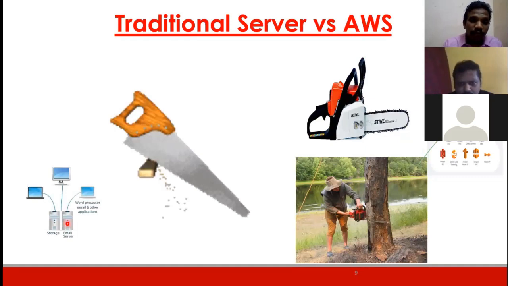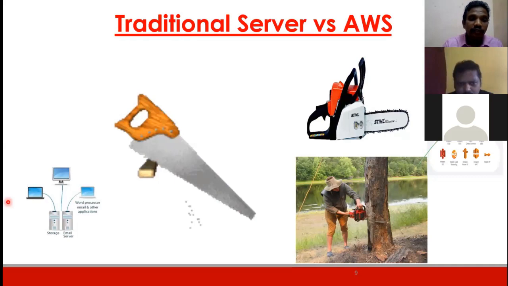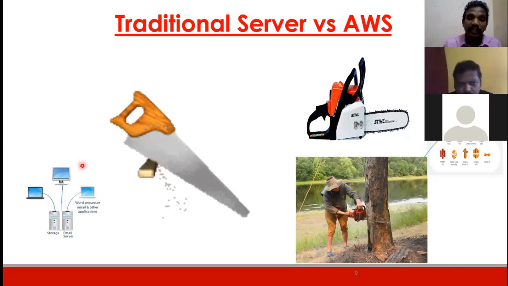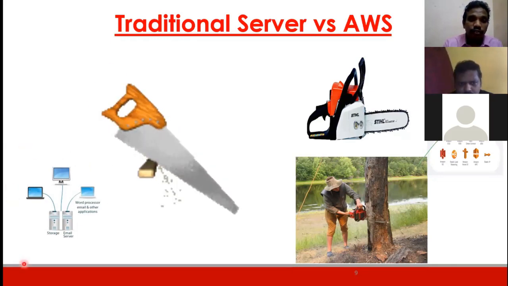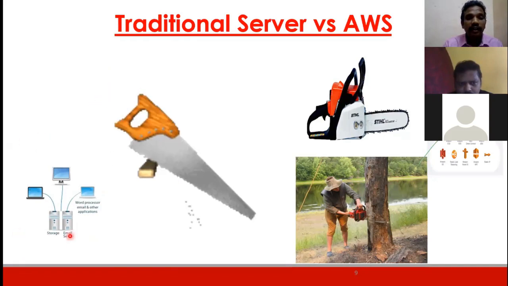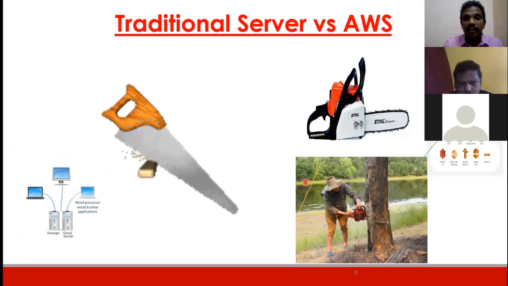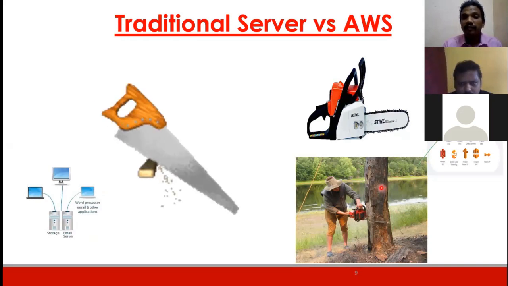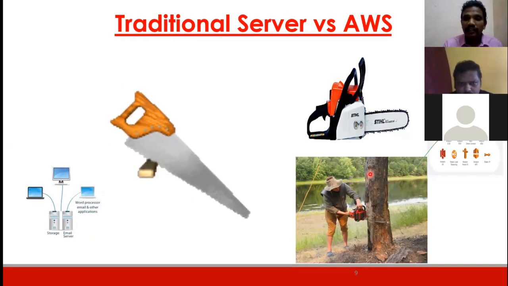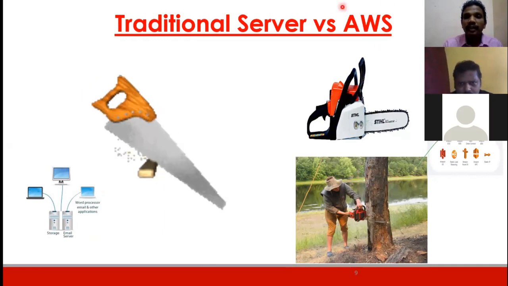Similarly, if you are performing smaller tasks, a PC or traditional servers in your university or organization are enough. If you are performing a larger task, then an efficient tool is needed. One of the efficient tools is AWS, for managing a larger amount of data and providing excellent service to a user.